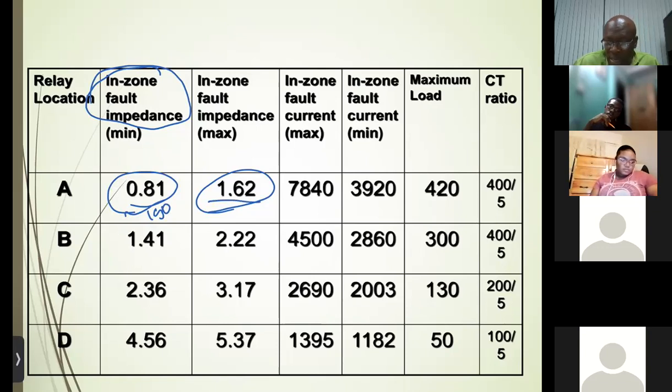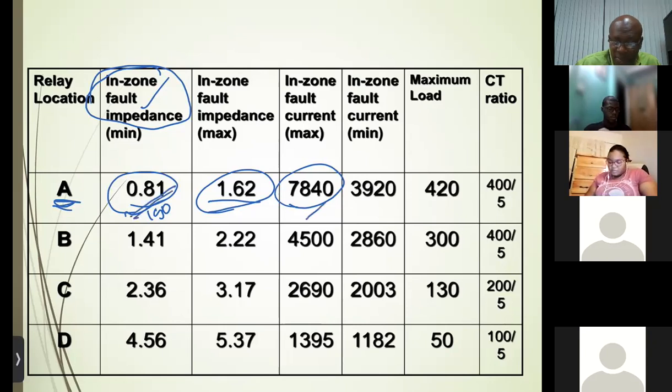So if we're now looking at the in-zone fault current, remember, we're still focusing on relay A. For the in-zone fault current, if we have the in-zone impedance, the in-zone fault current would be the voltage, which is 11 over root 3, divided by the 0.81.